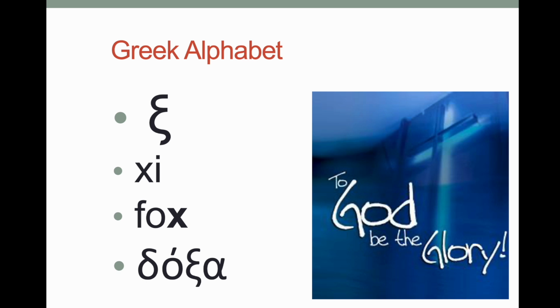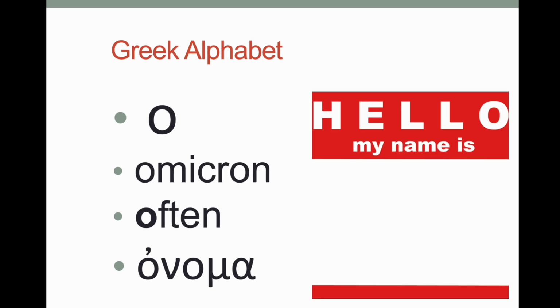So when we sing a doxology, we're singing a glory to God. The next letter is an omicron, and it makes a short O sound like often. And the example I have there is the word for name, and it's onoma.